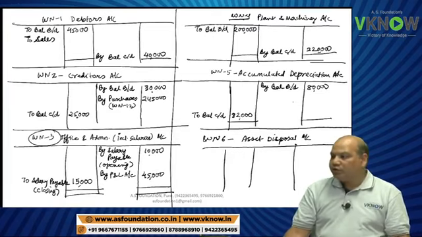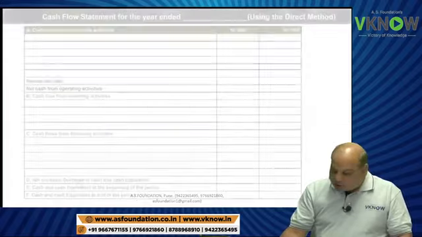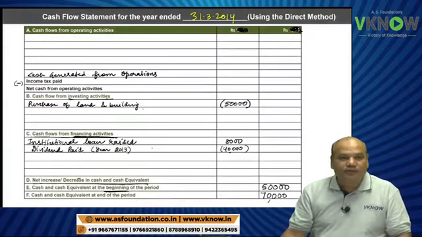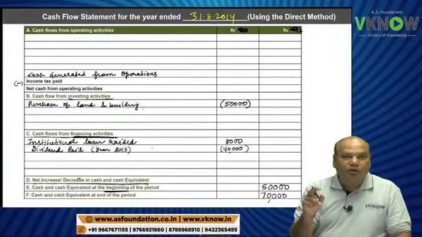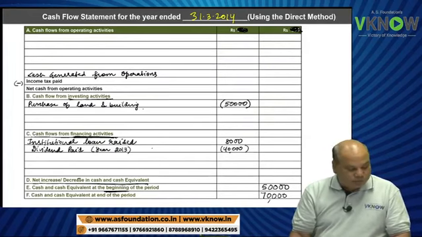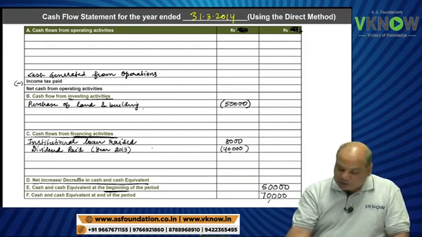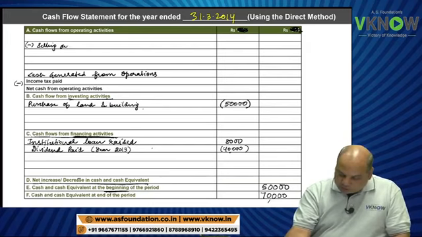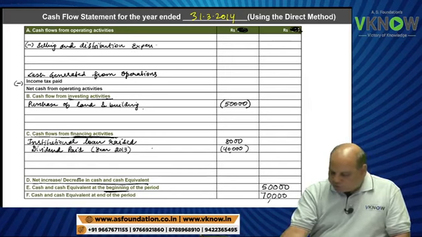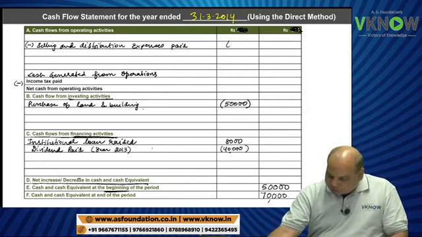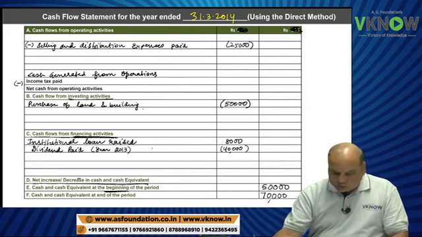Selling and distribution expenses you have paid because there is no prepaid or outstanding for selling and distribution. So I will go to operating activities, second line, less selling and distribution expenses paid 25,000 in bracket in the first column.